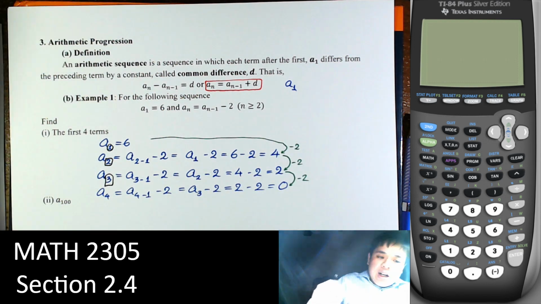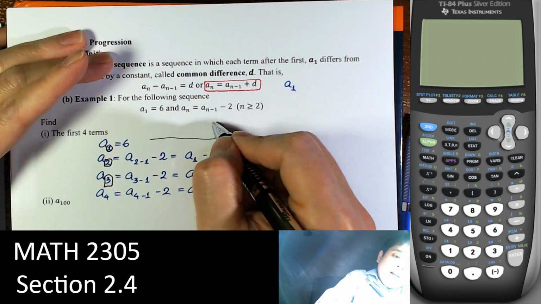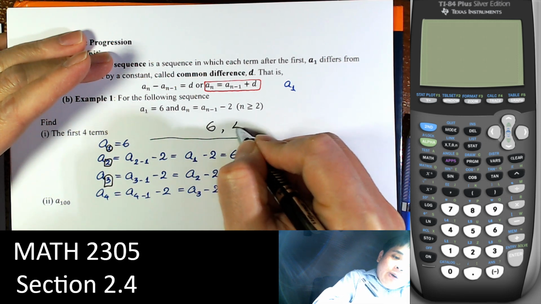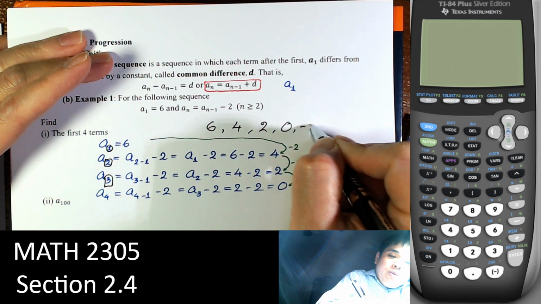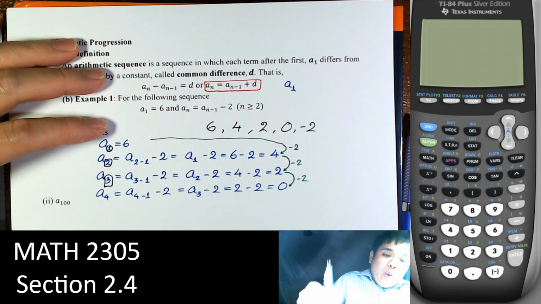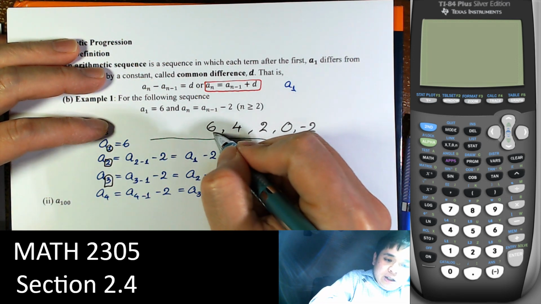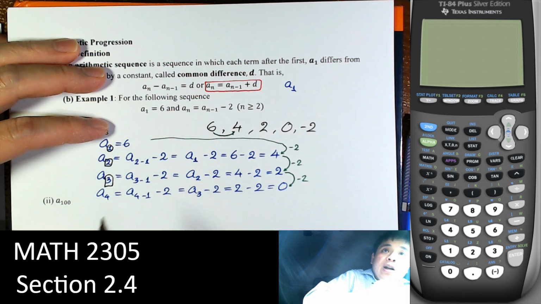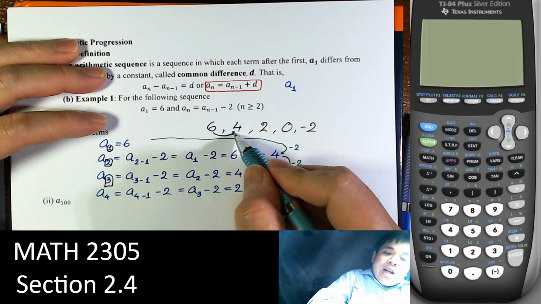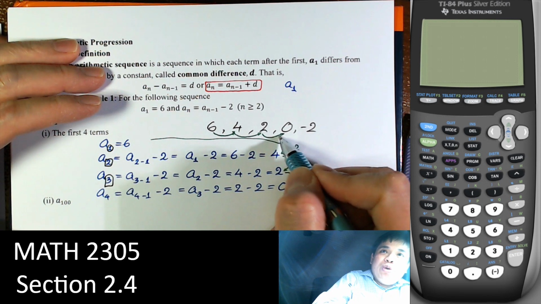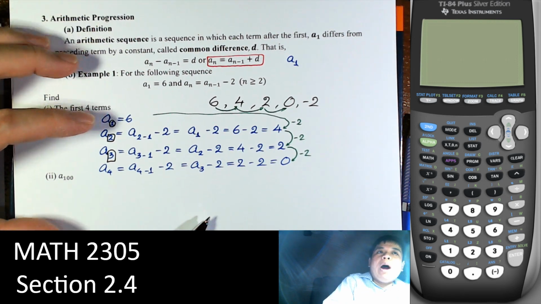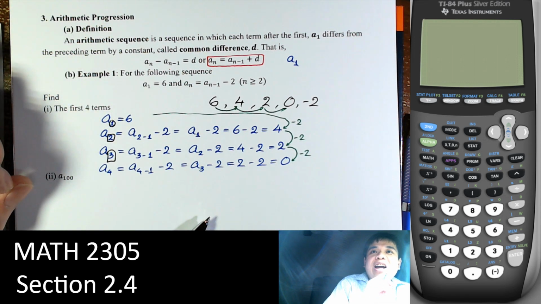So think about that. Let me write the list of numbers: 6, 4, 2, 0. The next one would be negative 2. Now think about this. We take 1 step to get to the second term. We take 2 steps to get to the third term. We take 3 steps to go to the fourth term. So to get to the 100th term, we need to take 99 steps.